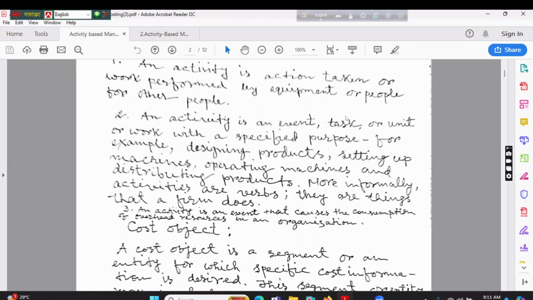This definition is a very good definition. For example, designing products, this is an activity.